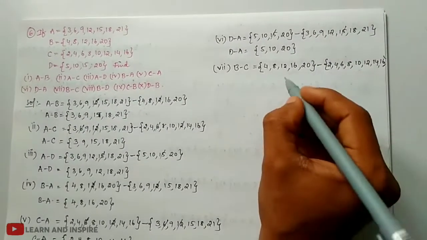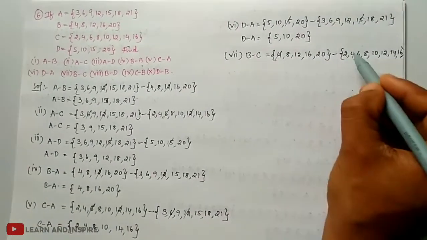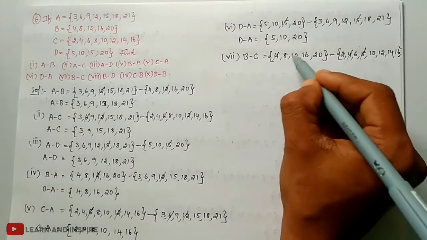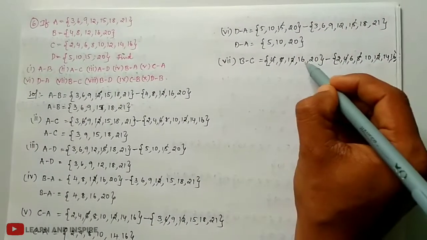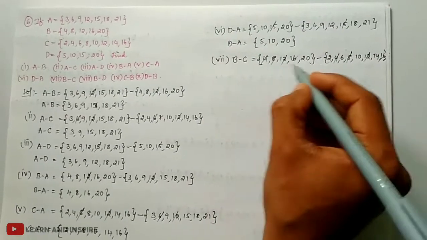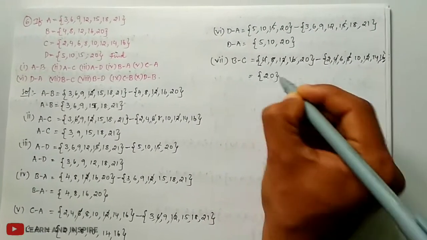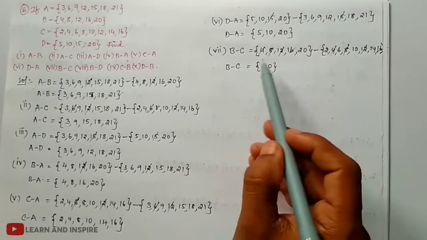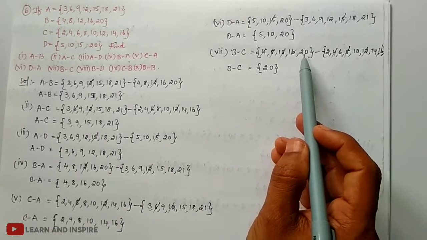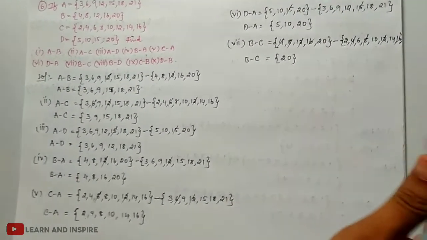Now the common elements in the first and second set are 4, 8, 12, 16. Now what are the elements present in the first set? The remaining element in the first set is only one element, that is 20. So B minus C is equal to 20. The remaining element in the first set is 20. So we write it as B minus C.